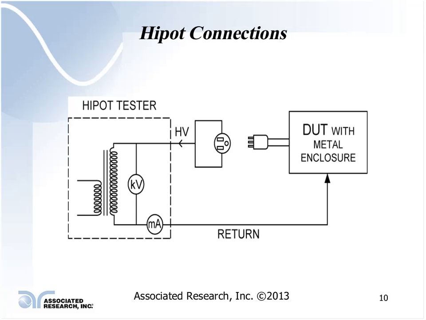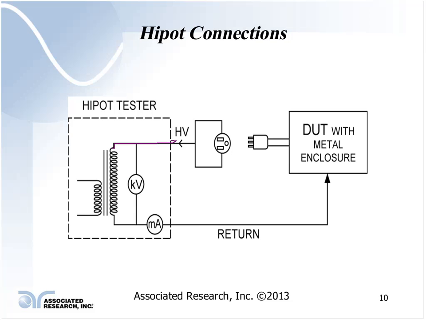This is a very simplified circuit here. Our Hipot tester is basically just showing a high voltage transformer, and the high voltage comes out from the secondary and is connected.